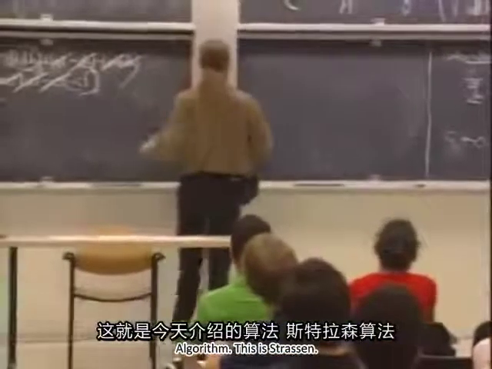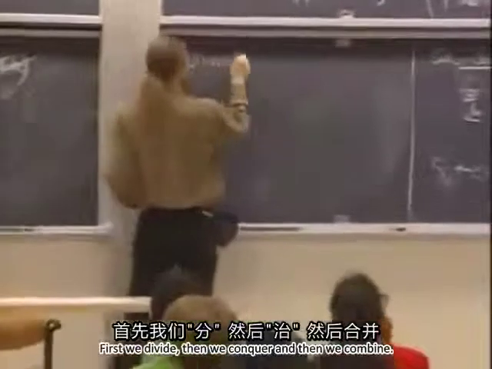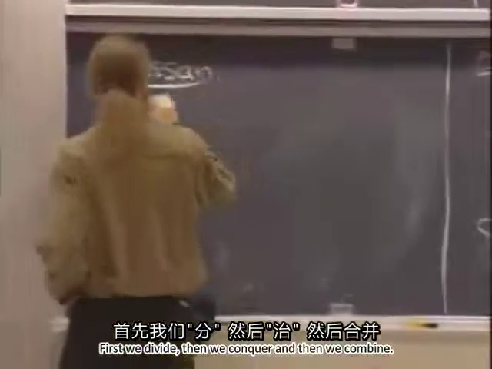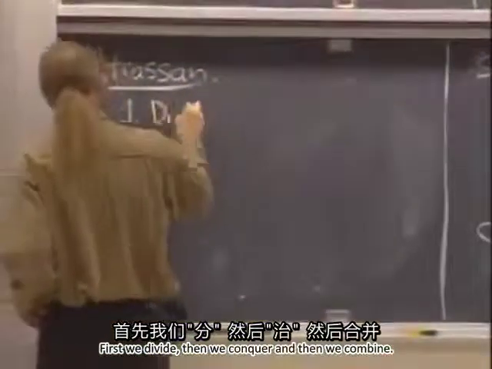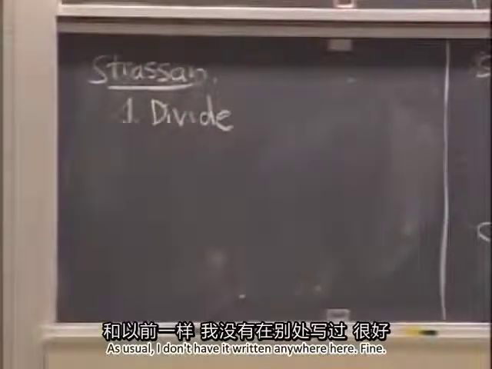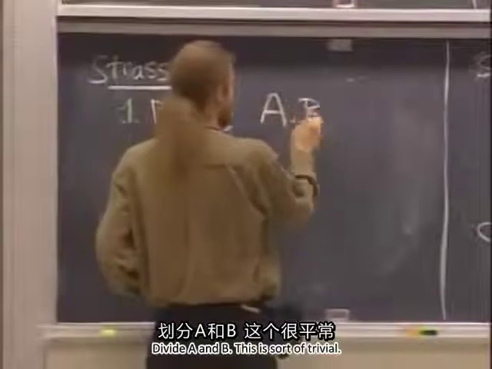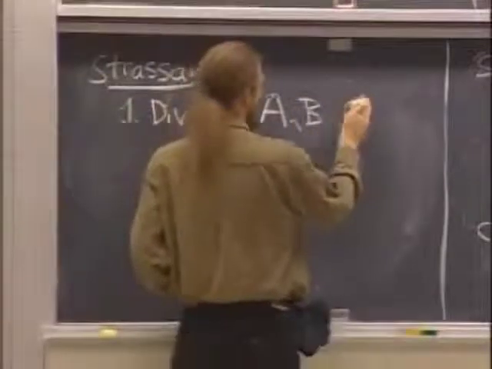Okay, algorithm. So this is Strassen. So first we divide, then we conquer, then we combine, as usual. Fine. Divide A and B. Okay, this is sort of trivial.